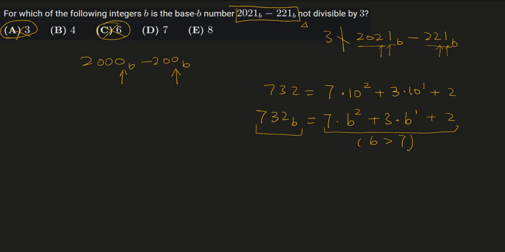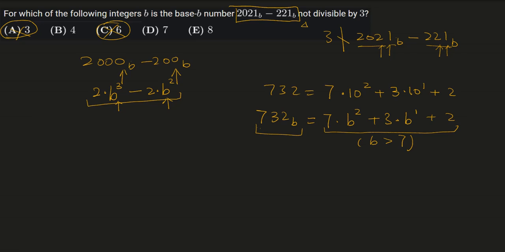So this basically means 2 times b to the 3 minus 2 times b to the 2. If b can be divided by 3, then the whole expression is divisible by 3, right? Therefore, A and C are out.